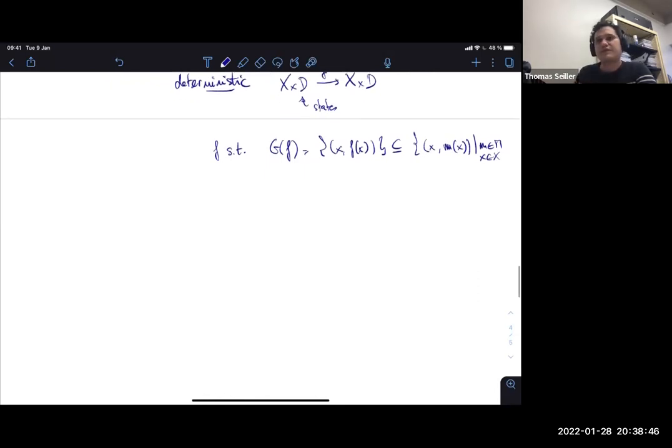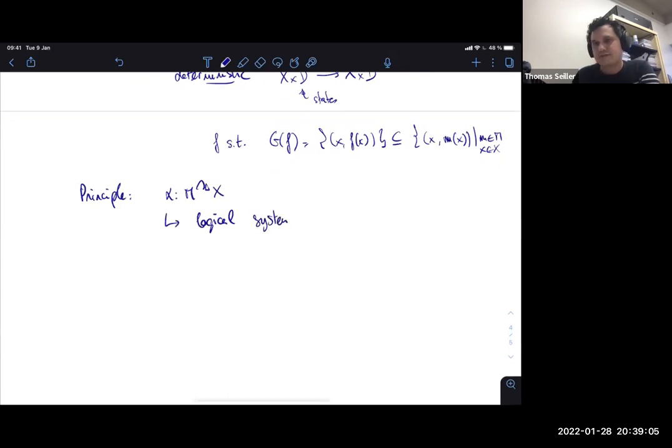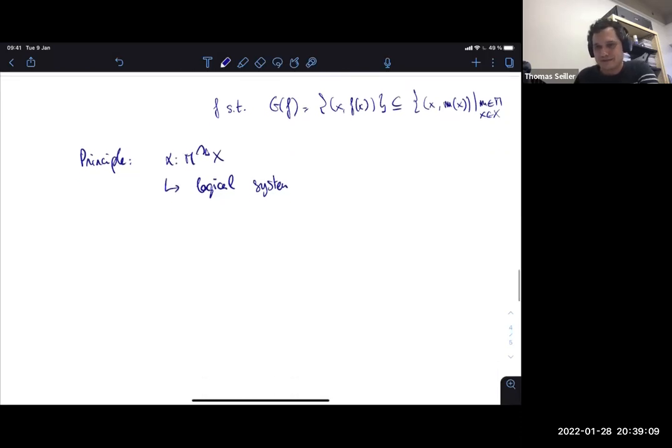And this logical system gives you a complexity class, right? So the principle is you take alpha, which is a monoid action. This gives you a logical system. I won't explain how. This is very interesting, but I don't have time to explain how you get this.